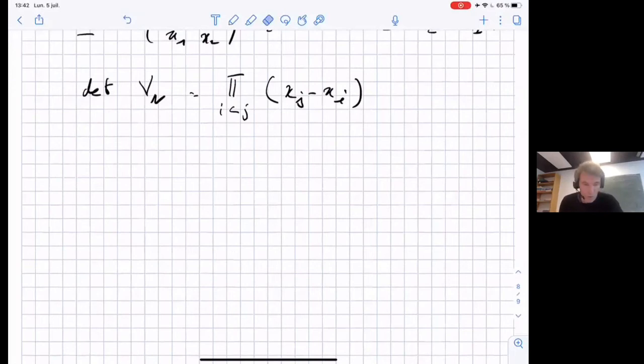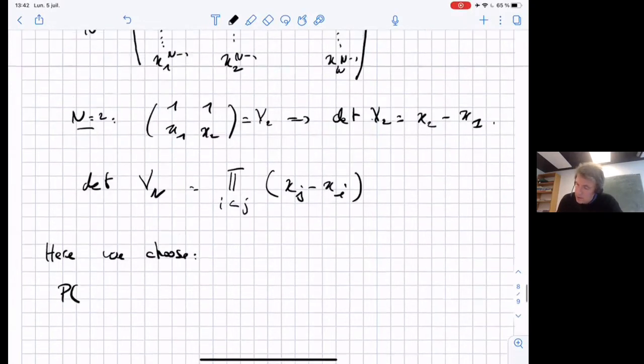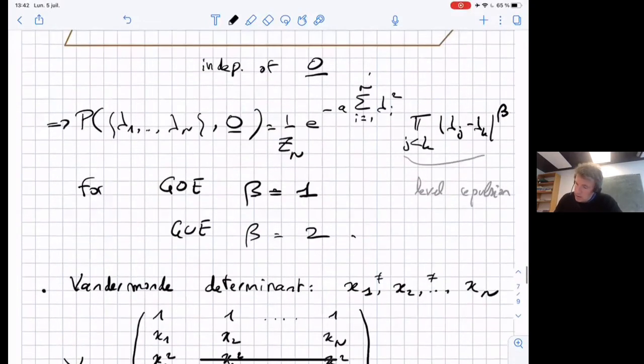For this course, at least on RMT, I choose the following. I choose A to be beta n over 2. Since this O actually doesn't enter on the right-hand side here, I can now integrate.